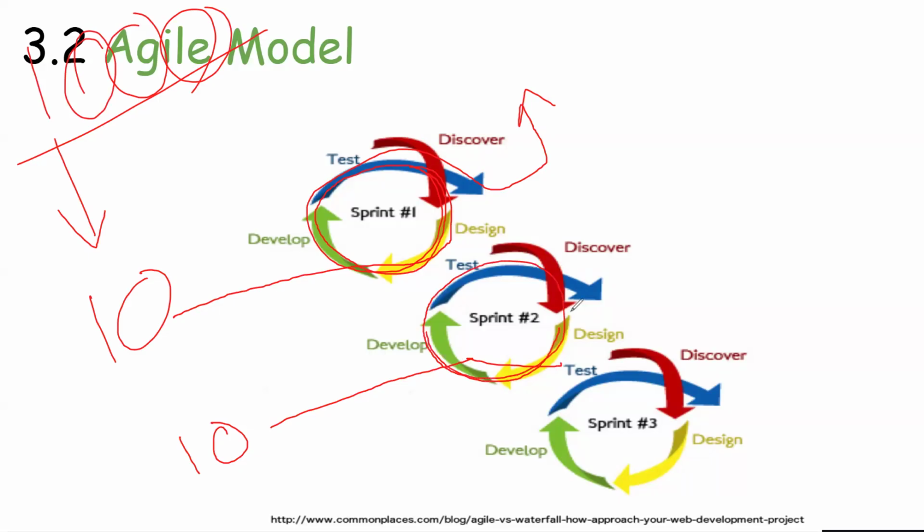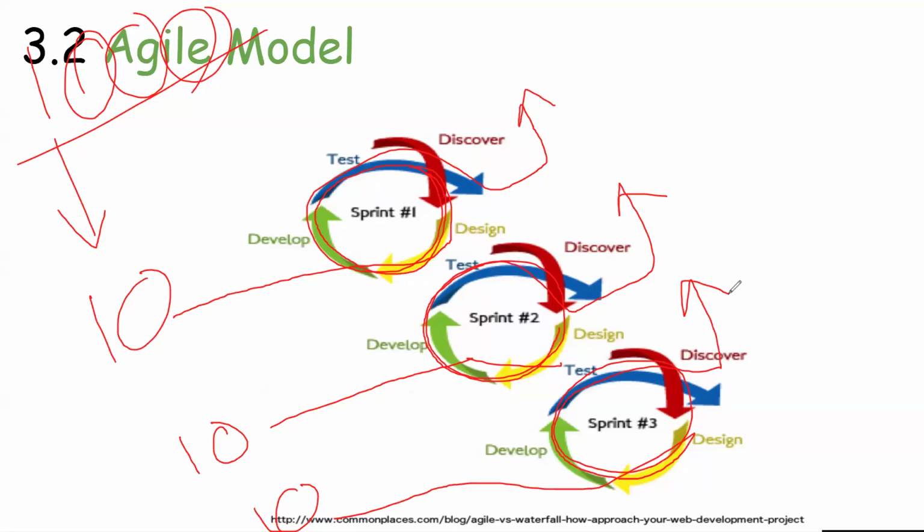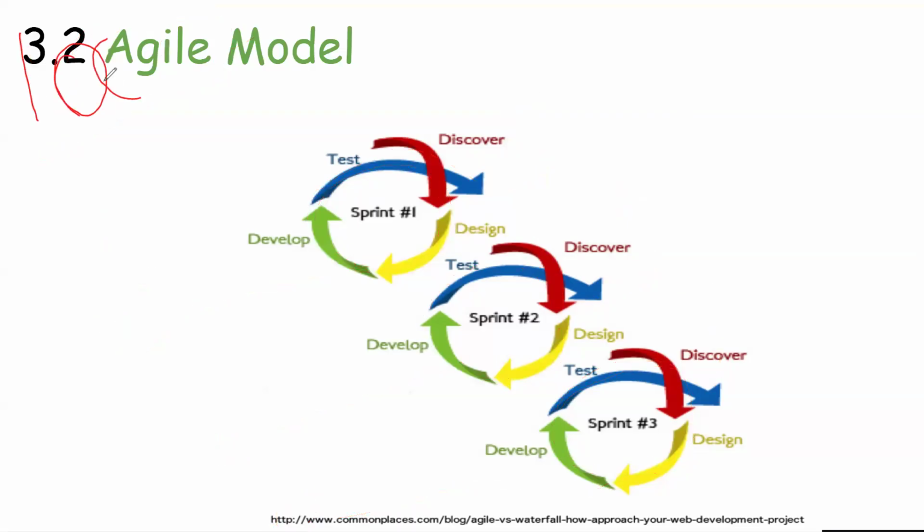Design, develop, test, and deliver. Again, the next 10 iteration: design, develop, test, deliver to the client. In this way, the agile model works. These 1,000 requirements, we are not completing or delivering to the client at once.